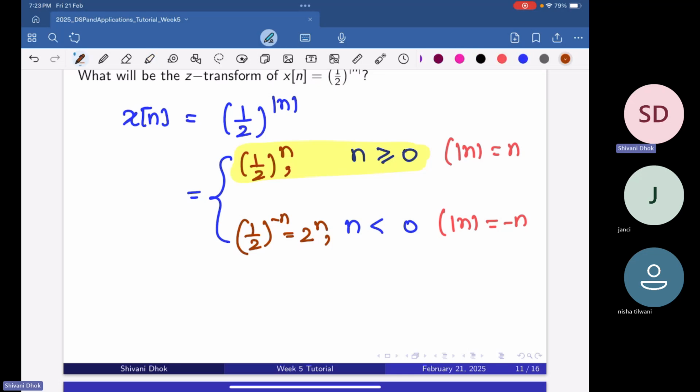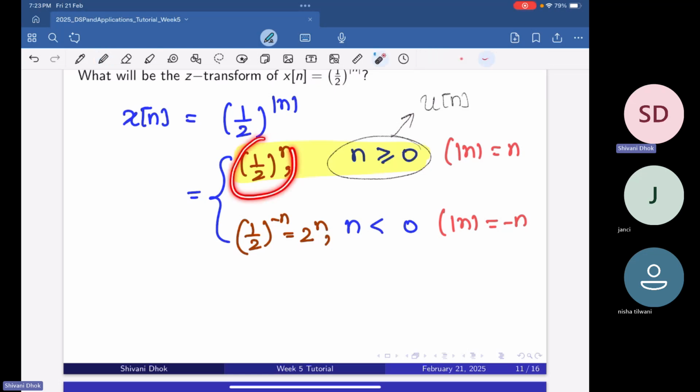We had seen that for this kind of thing, we can write this as 1 by 2 to the power n multiplied by a signal that is equal to 1 in that particular region, that is u of n. So this shaded region we can equivalently write as 1 by 2 to the power n into u of n.